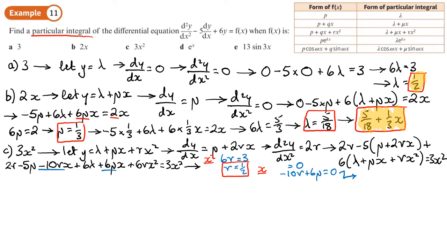So that'll be 10 nu equals 6 lambda. Now we know that nu is a half, so that's basically 5 equals 6 mu. So mu equals 5 over 6. So again, we'll just highlight that so we don't lose it amongst all our working.